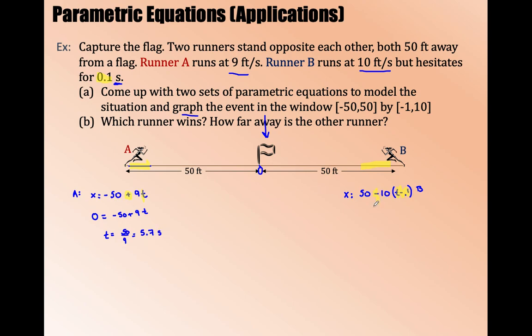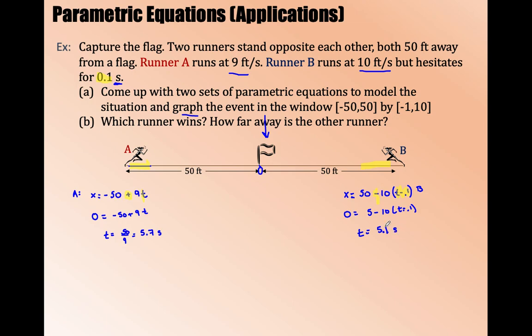And then how about runner B? Also, when do they get to position 0? I got 5.1 seconds out of that math.